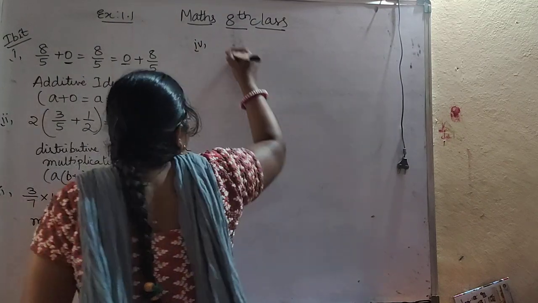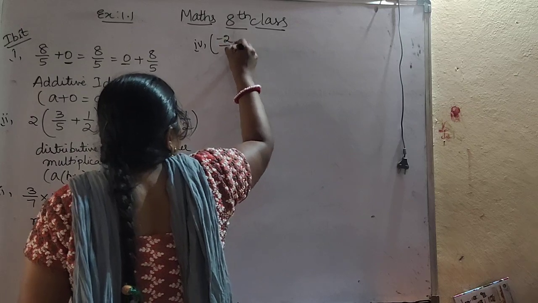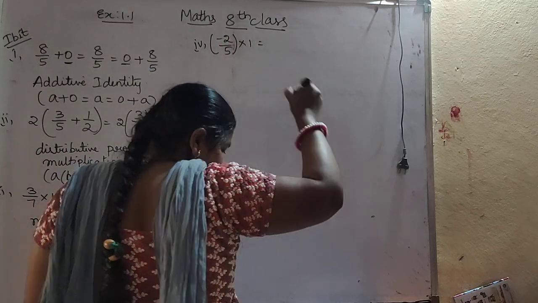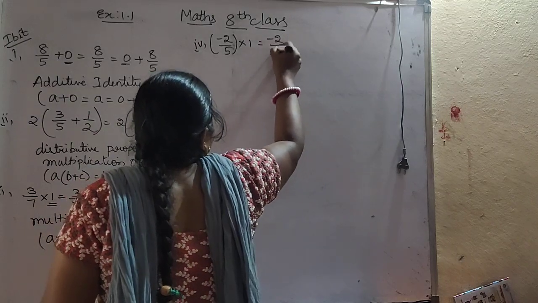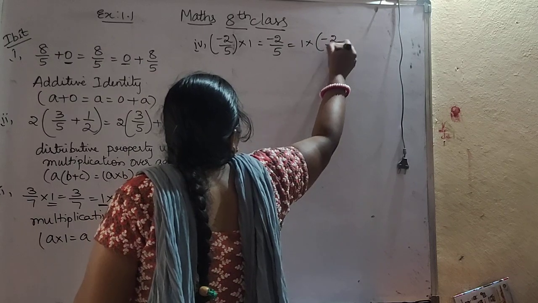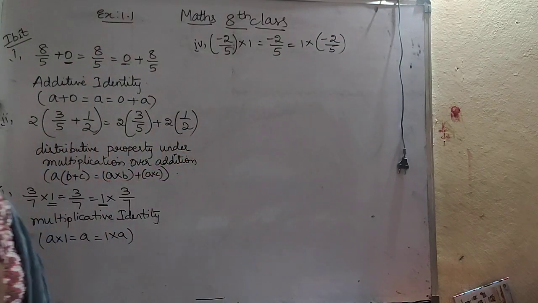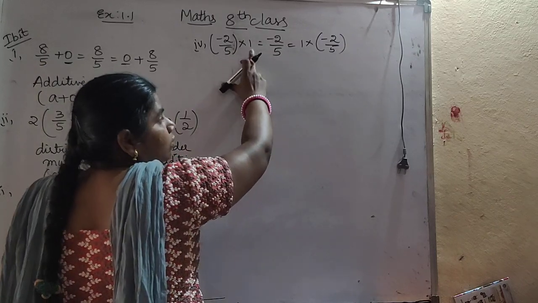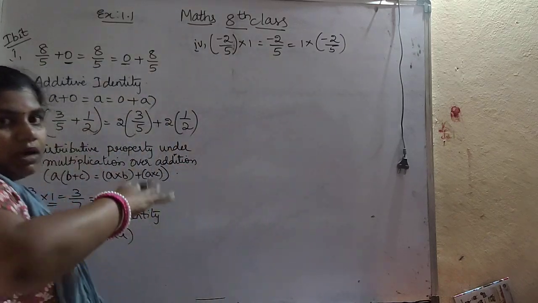What is fourth one? Minus 2 by 5 into 1 is equals to minus 2 by 5 is equals to 1 into minus 2 by 5. So again it is in the form of same third one, that is minus 2 by 5 they have multiplied with 1, they got the result as minus 2 by 5 itself.